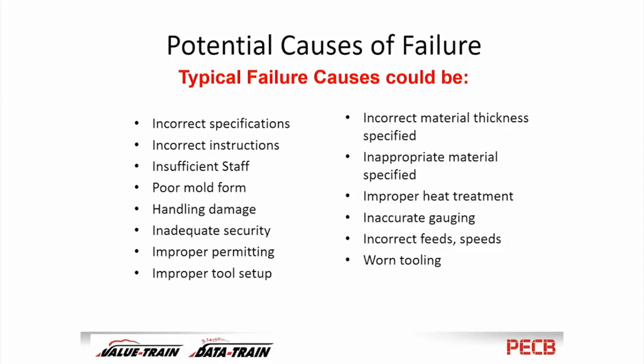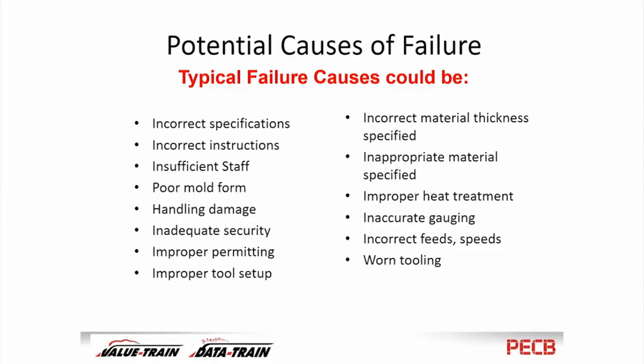Right? We don't have enough people. There's an error in a mold if it's a molding operation. We don't have enough security. So why did people break into our IT system and steal all of our names and social security numbers and credit card numbers and all that? I know that's one of the things that this organization deals with. So if that happens, it's going to cause a failure of some sort.